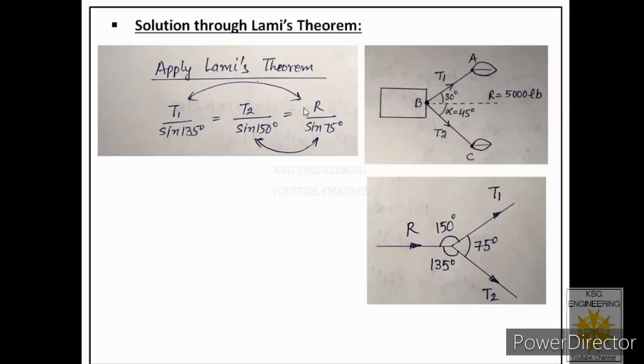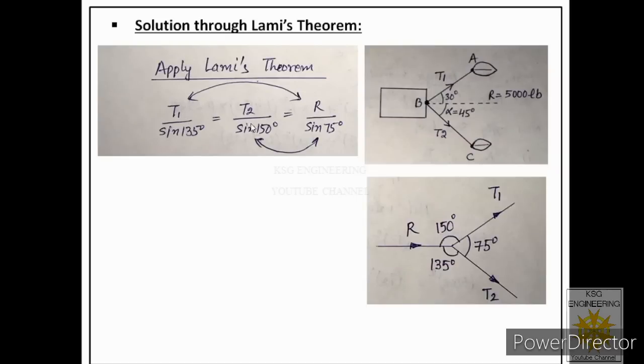Similarly, we will do for resultant. So for resultant, other two forces are T1 and T2. Angle between these two is 75 degrees. So that is why we have divided R by sine 75 degrees. Now in this equation, we have to find T1 and T2. And we know the value of R. So first we will compare these two only to get the value of T1.